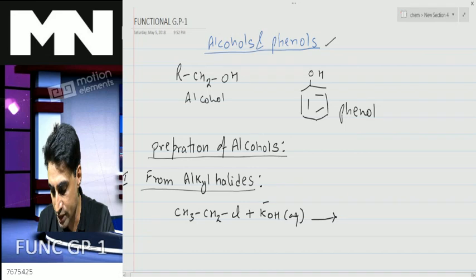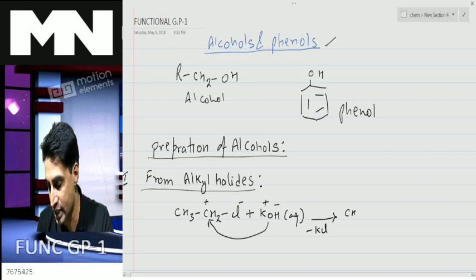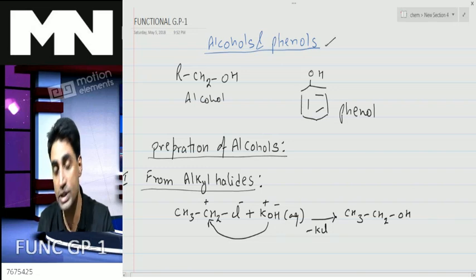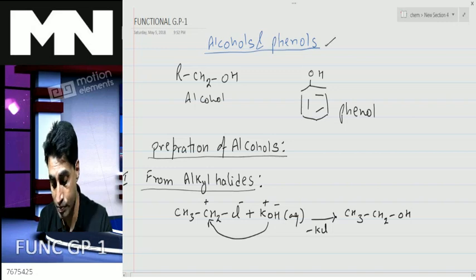Then K positive will combine with Cl negative and come out as KCl, and this OH negative will attack the carbocation, leading to the formation of an alcohol. So we'll get a compound like CH3CH2OH. This is how we can prepare an alcohol from alkyl halide.